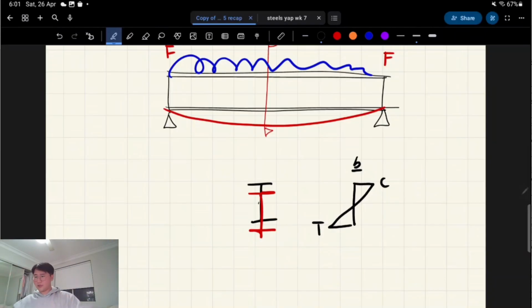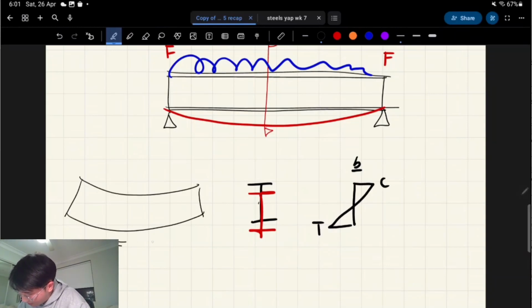So basically, imagine a beam like this. These bottom fibers, as it's being bent, want to pull apart like this, and these top fibers want to compress and go in like this. That's compression, tension, the simplest word beam.